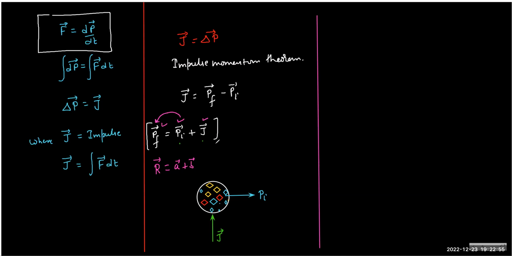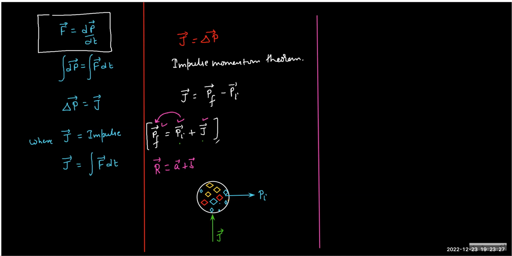If you know the triangle law, can you tell me how the direction of PF will look? So J, what is the triangle law? From the tail of J to the head of P, or vice versa, depending upon how you choose the first vector. Which one is the first vector here for you?